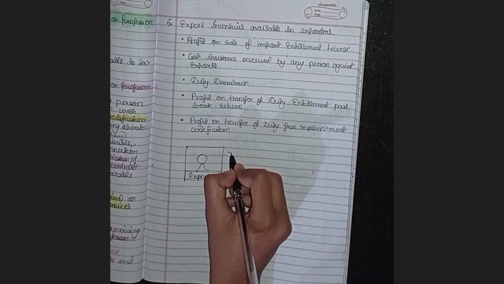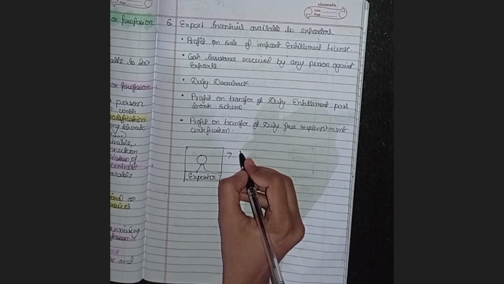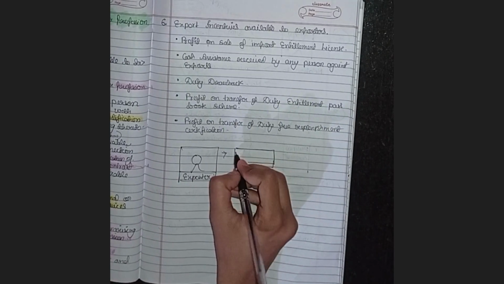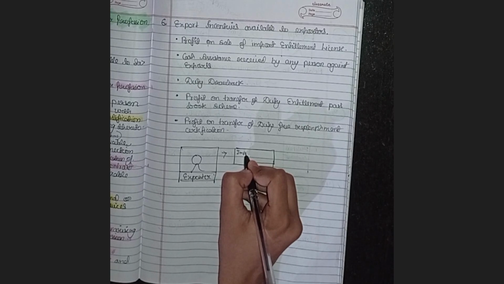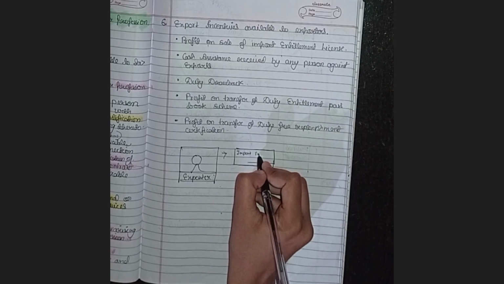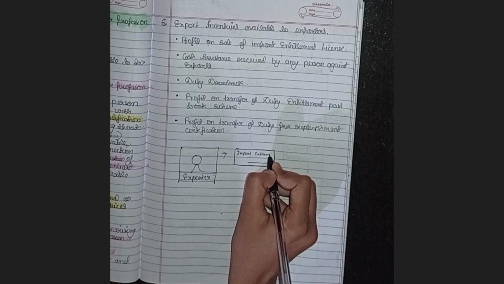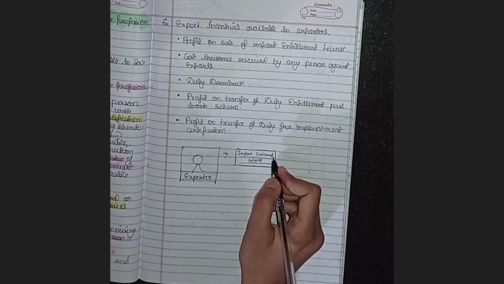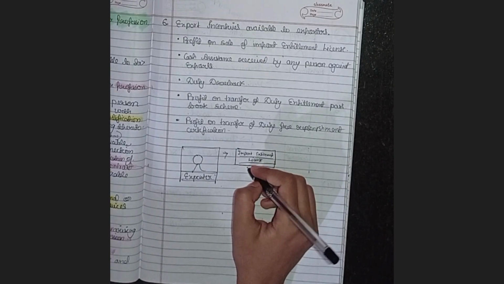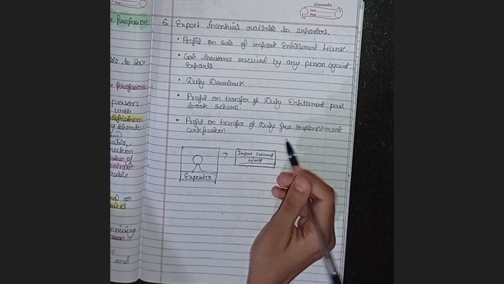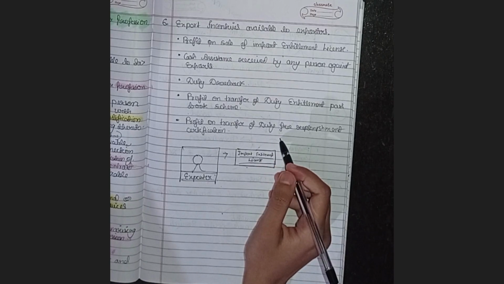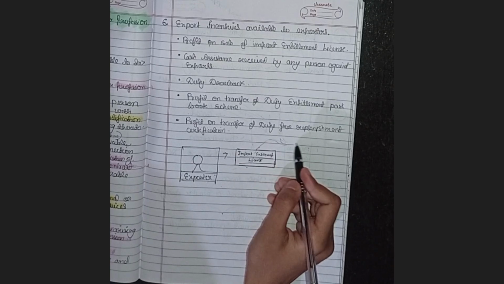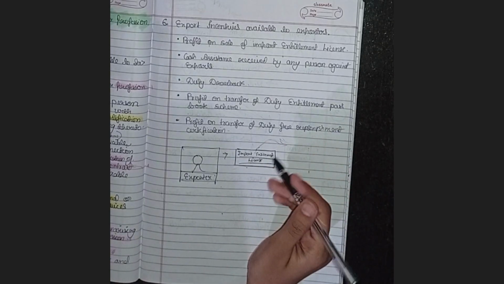This exporter has a license. What kind of license? He has a license named Import Entitlement License. So if I am not using this license, what shall I do? Shall I put it in a trash can? No way. If I sell this, I can earn money.